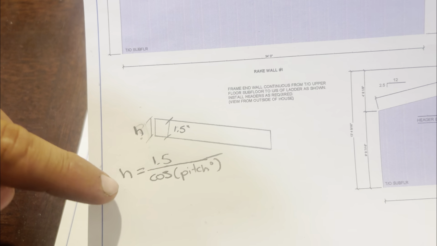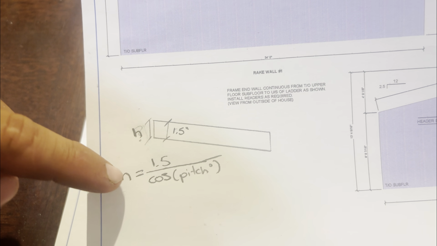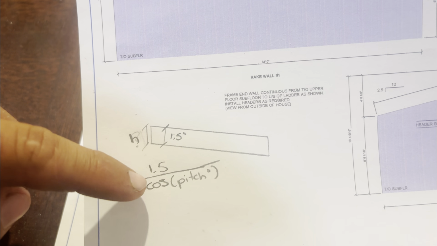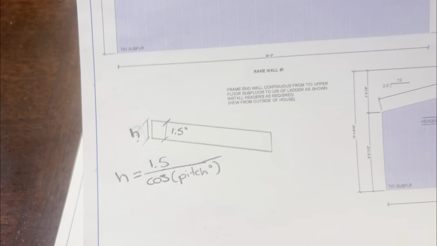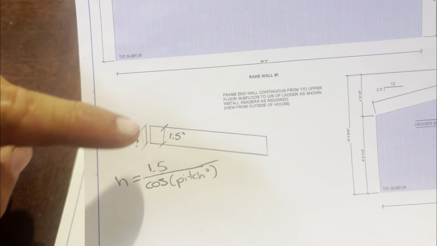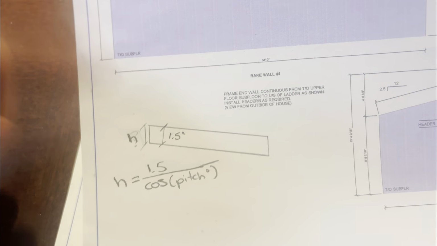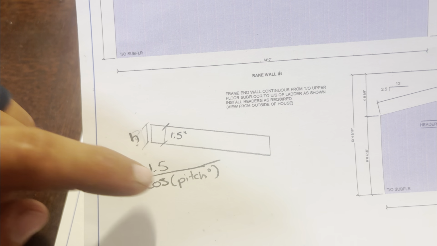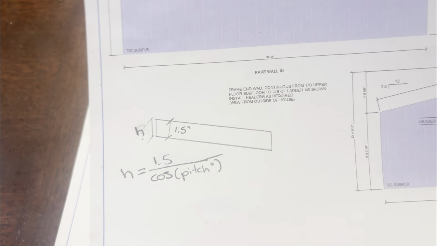To figure out that height, you would take 1.5 if it's 1.5 inch material, divided by the cosine of your pitch in degrees, and that will give you the actual height along that bevel. Or you can just cut it and measure it. But if you want it exactly for math, that's how you would figure it out.